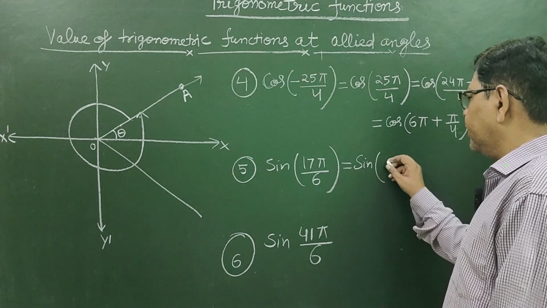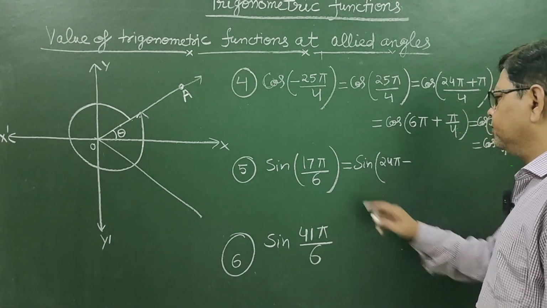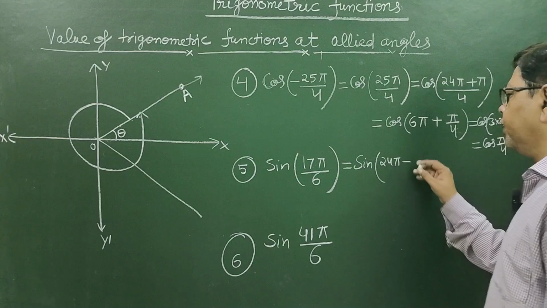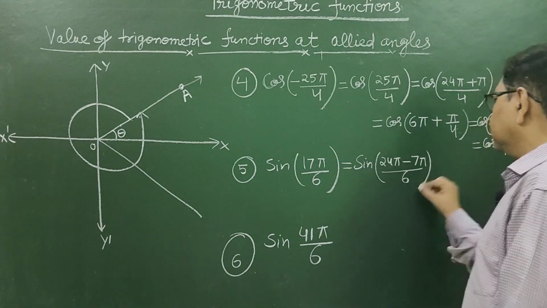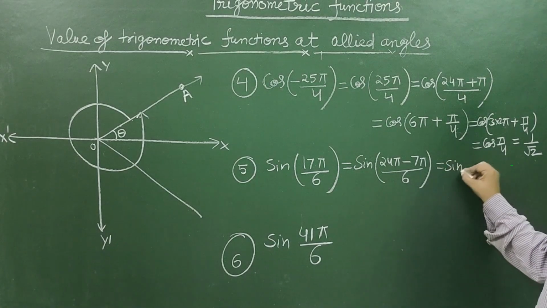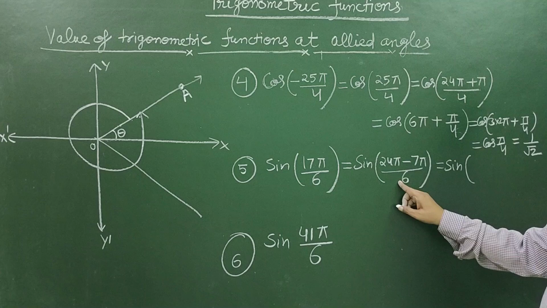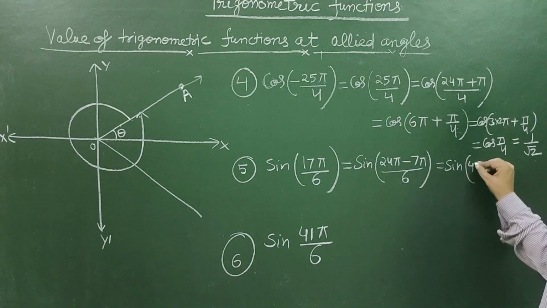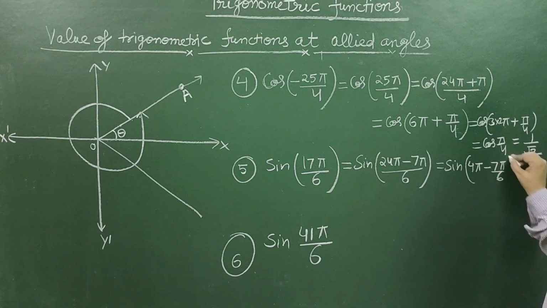So I can write this as 24 pi minus 7 pi upon 6, which is equal to sine of 24 pi divided by 6, 4 pi, minus 7 pi upon 6.